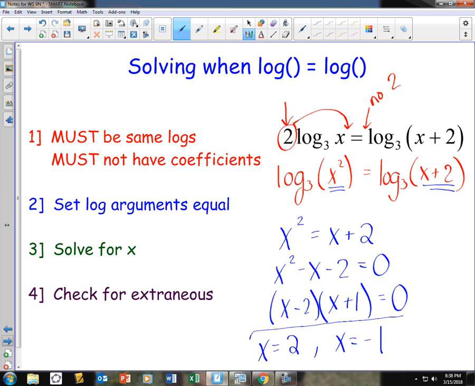But let's go check them. So I'm going to maybe go back to this version, but I could also go all the way back to this version. It doesn't really matter. Usually I say plug it into the very original, so I guess it would make sense to plug it into the original one.